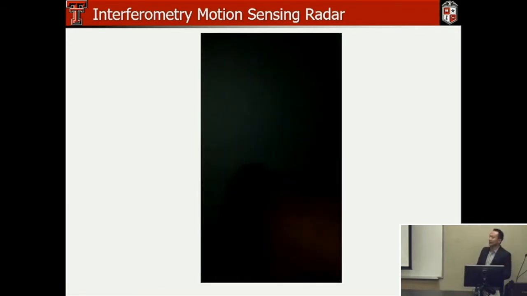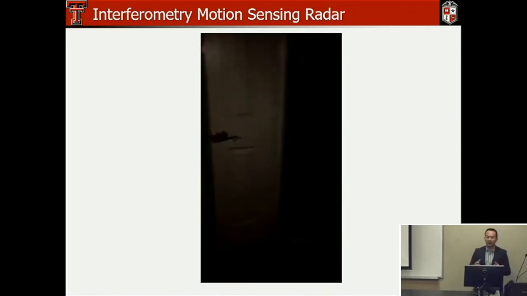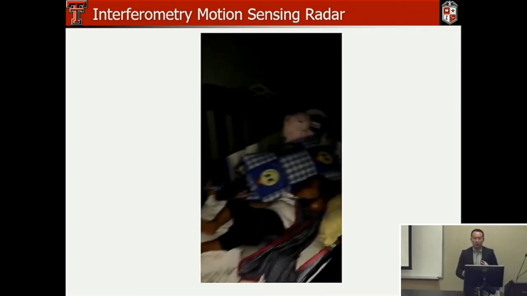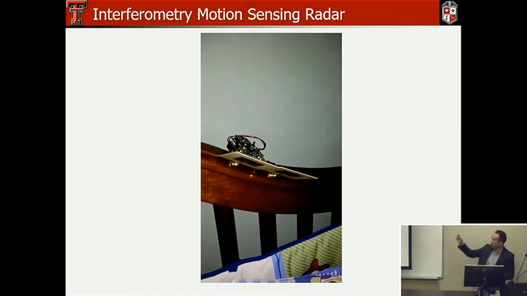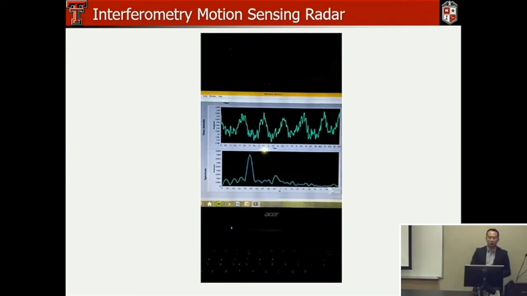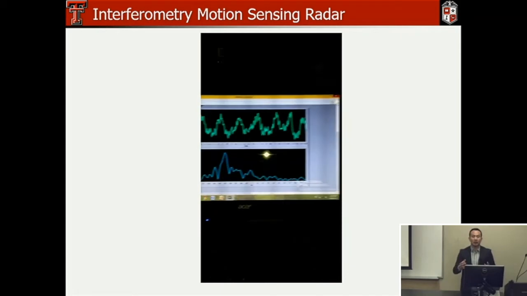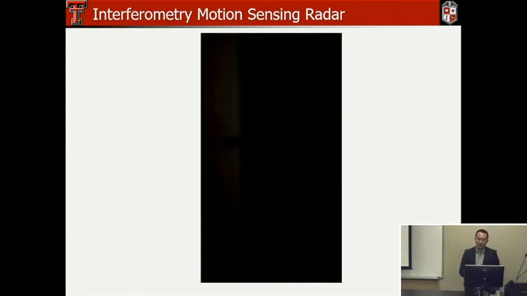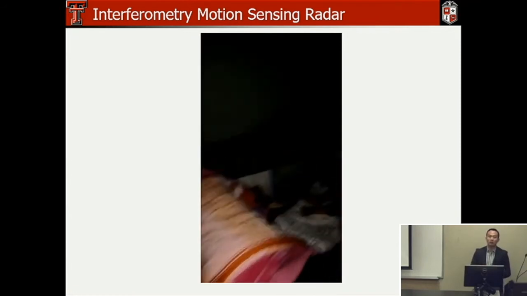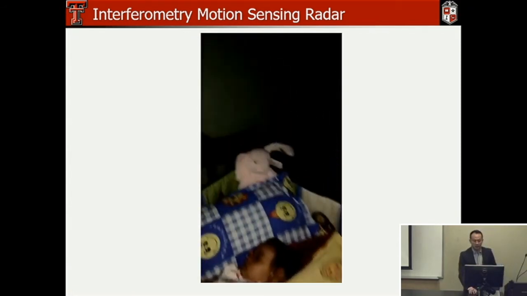As you can see, the sensor can pick up her respiration and heartbeat activity. The top curve on the laptop was the time domain signal, and the bottom one was the spectrum. So basically, with the motion sensor today, it is possible to monitor live activities.